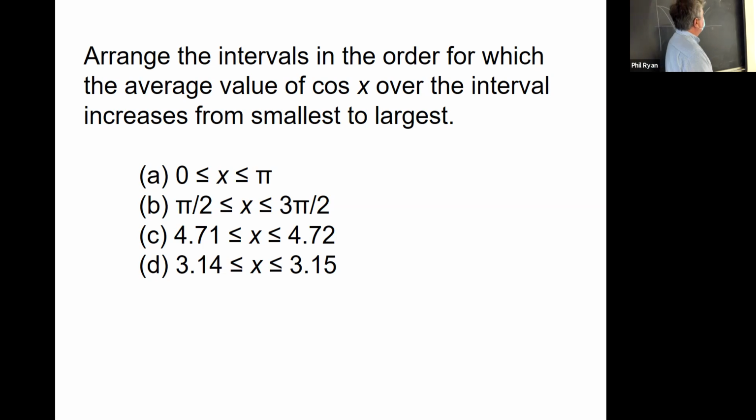Okay, so what do you think the average value is between 0 and pi? Between 0 and pi on 2 is balanced between pi on 2 and pi below here, so that average value is 0.